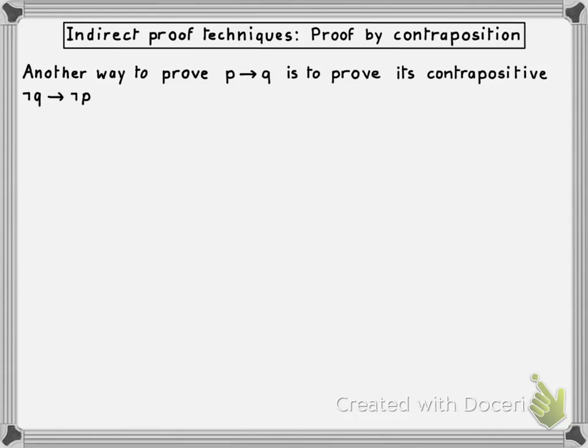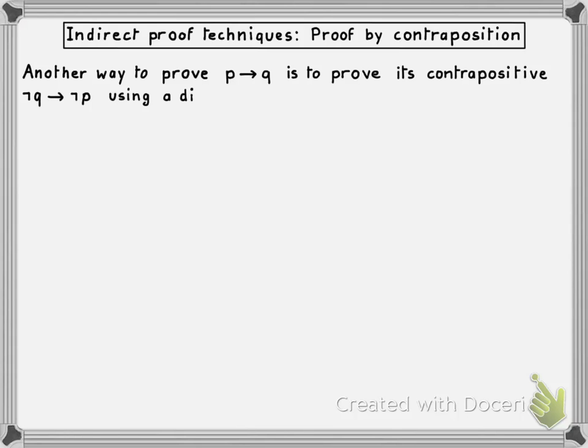And how do you prove the contrapositive? Well, it's another conditional, so you can apply the proof techniques you already know. Now, make sure you convince yourself that if the vacuous proof and the trivial proof did not work with the original conditional, they also will not work with the contrapositive. So therefore, we'll consider using a direct proof to prove the contrapositive.